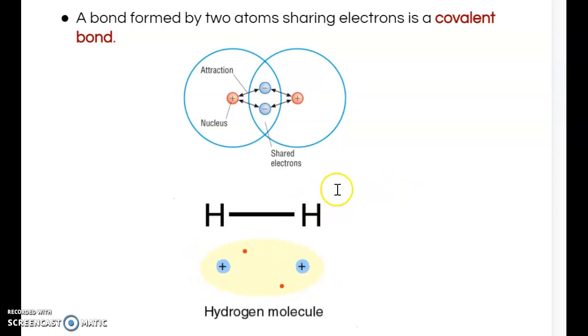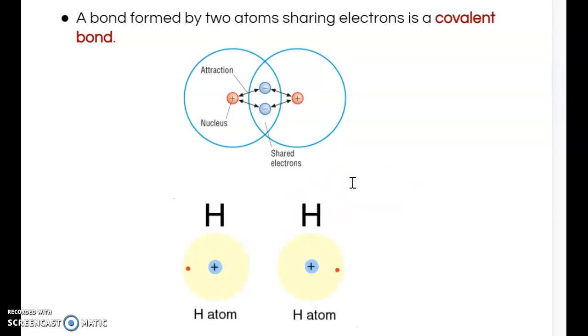Well, hydrogen, in its valence shell, has only one electron. The valence shell at the first energy level, the first orbital, should always have two electrons. So in order to look like helium, what hydrogen has to do is gain another electron.